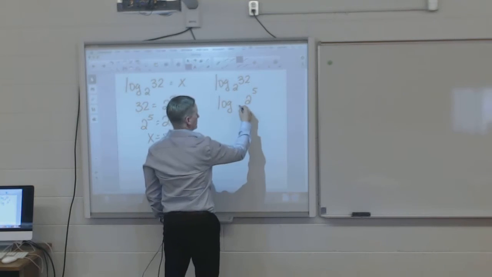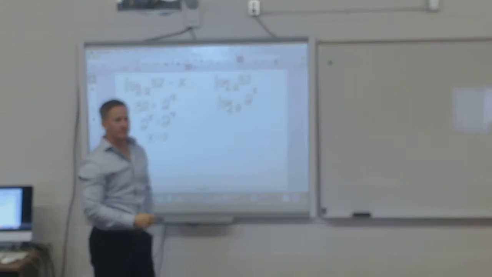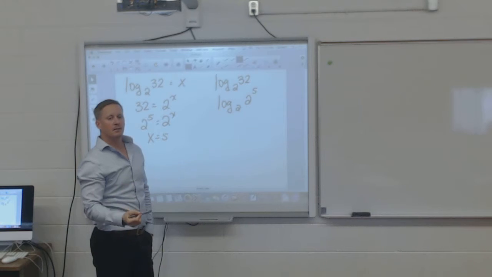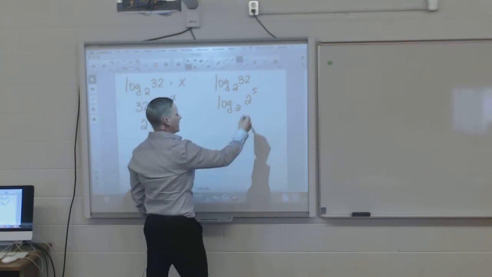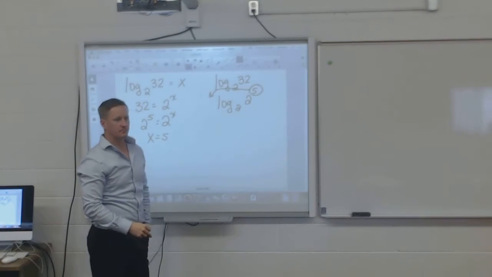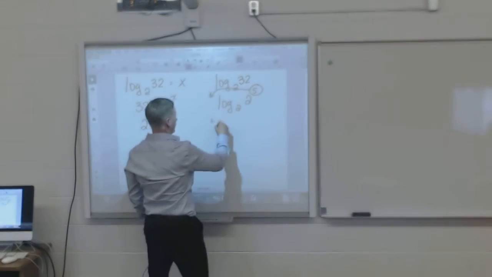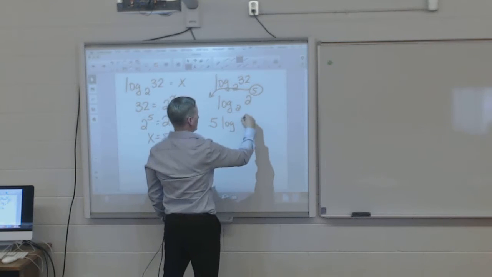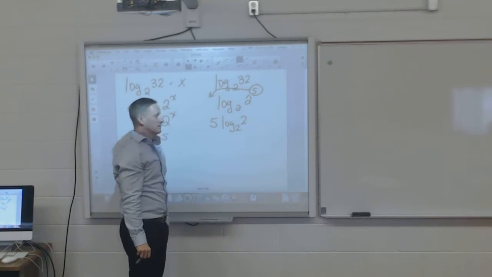Agreed? You agree? Okay. One of our logarithm rules was take that and put it at the front. So that gives me 5 times the log of 2 to the base 2.